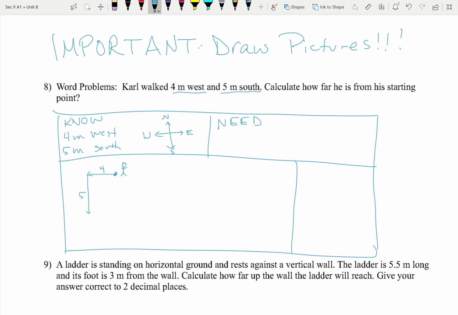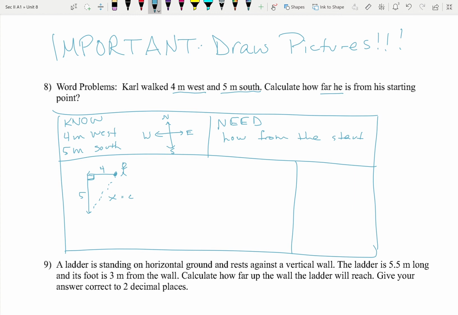So what do we need? We need to know how far from the start. The start. So if I look at the picture, if here's where Carl started, I need to find that distance right there. And if this is a 90-degree angle, that means that that x is my hypotenuse.